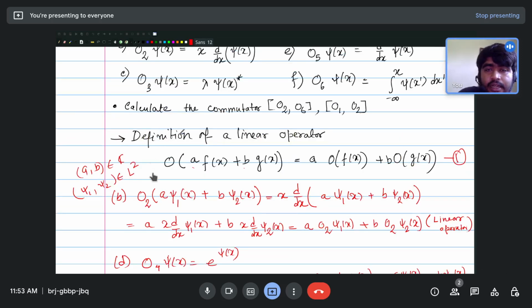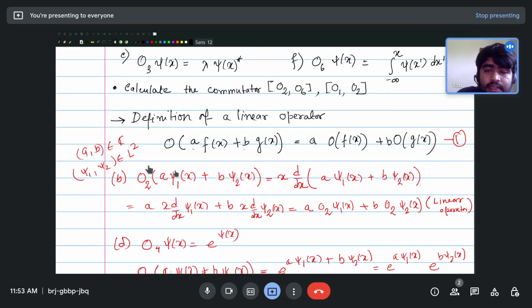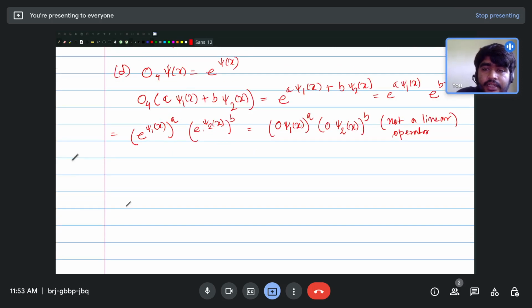Let's check another one out. Let's check this operator C. This is interesting, and this kind of operator is encountered in many cases in quantum mechanics. O3 acting on ψ: the action is that it gives you some number λ times ψ*(x). Let's see whether this operator is linear or not.